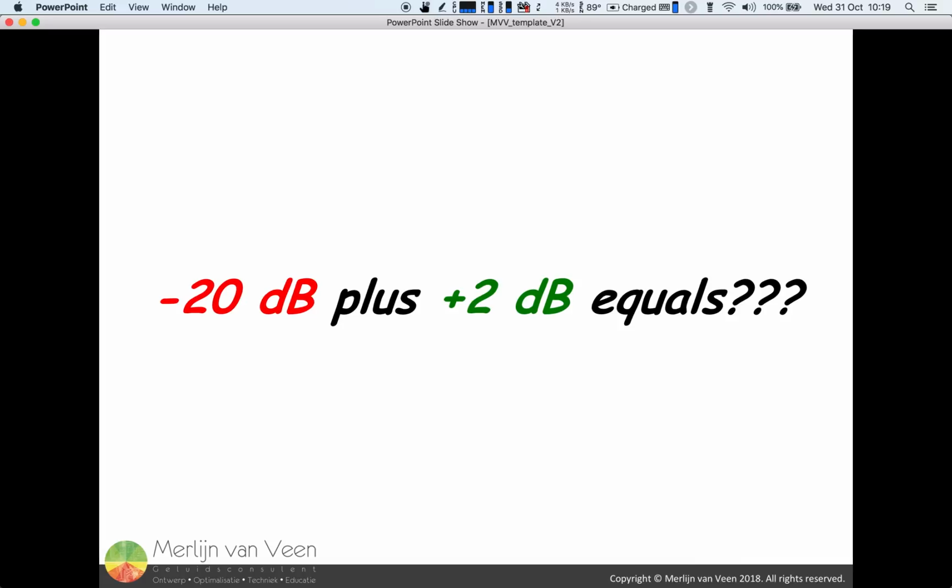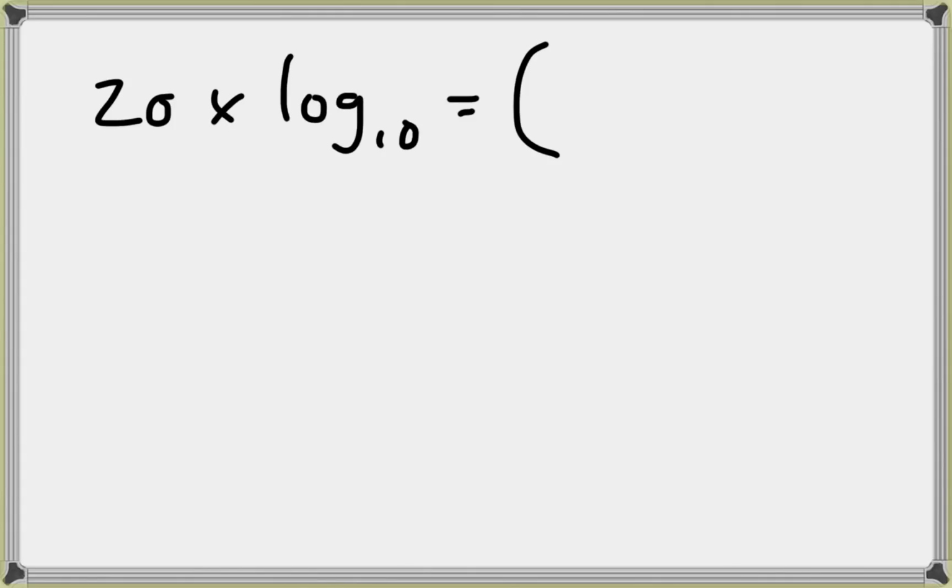So let's bring up a whiteboard and figure out, according to the 20 log rule, which says 20 times log base 10 of a certain fraction, L2 divided by L1, we want to know the fraction that goes with that particular decibel value.